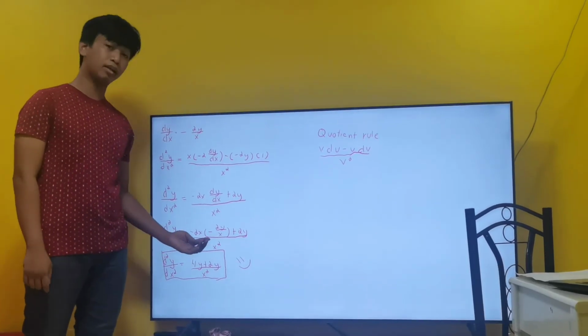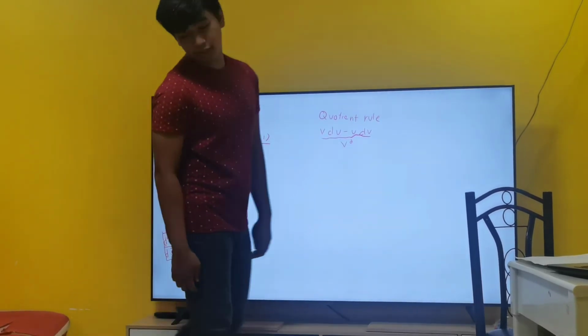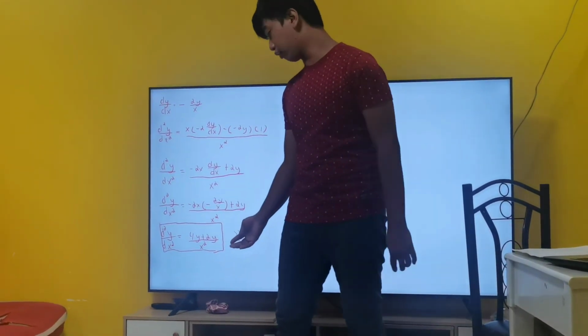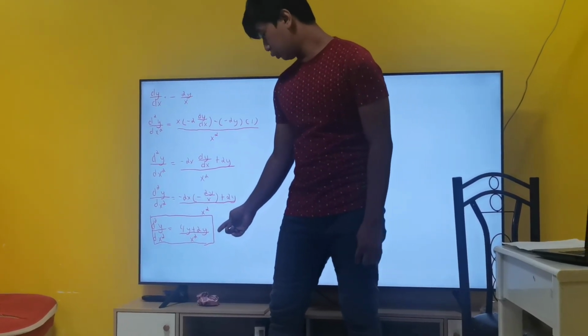So by multiplying negative 2x by negative 2y over x, our final answer will be d squared y over dx squared is equal to 4y plus 2y over x squared.